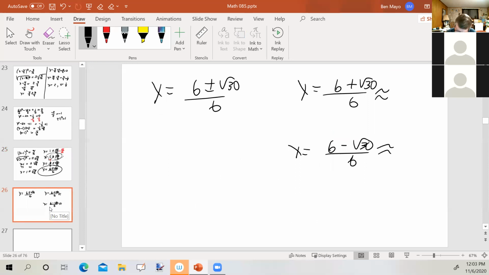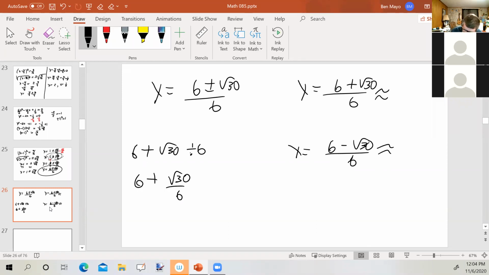Now, when I go to put these in the calculator, I have to be careful. If I put it into the calculator like this, that's going to give me the wrong answer, because that's as if I've done that.